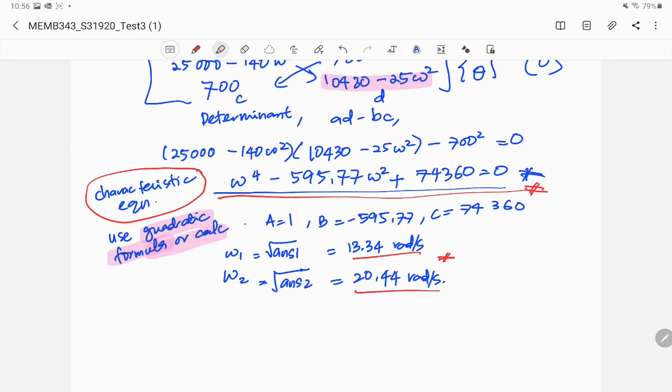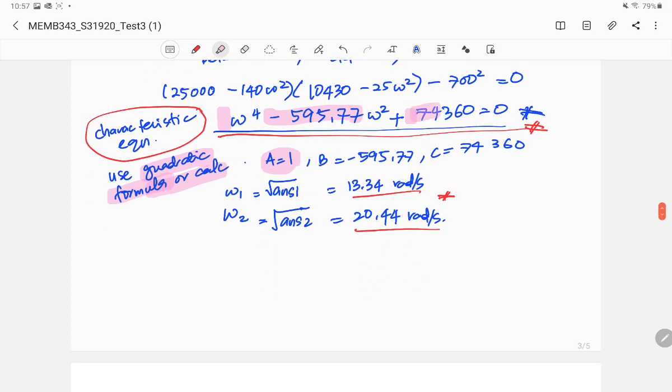Using the quadratic formula in your calculator, A equals 1, your B is 595.77, and your C is 74360. Once you put it in your calculator, don't forget, because this is to the power of 4, you need to take the square root of the answer. So there will be two answers.